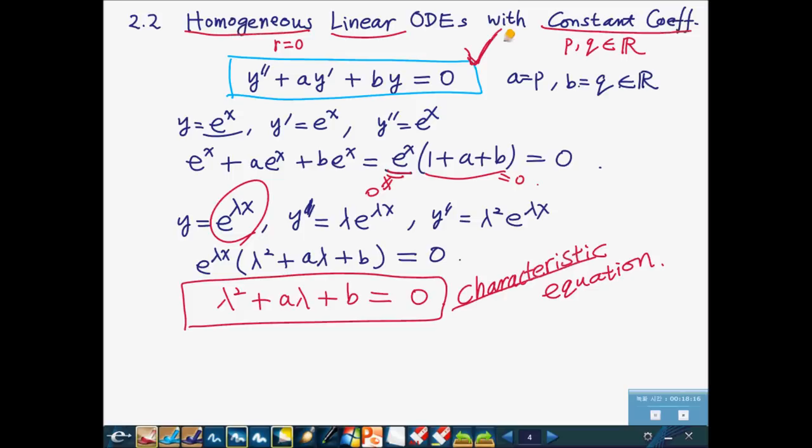That's why it's called characteristic. If you really understand this characteristic equation, then that means you really understand this homogeneous linear ODE with constant coefficient. So the characteristic equation is really important.